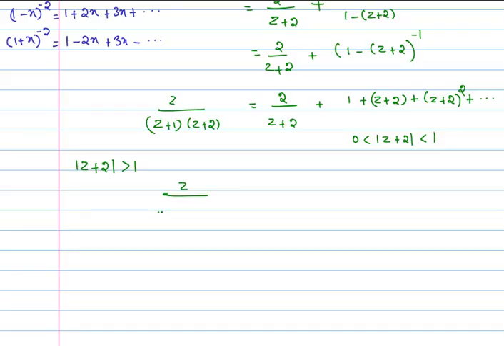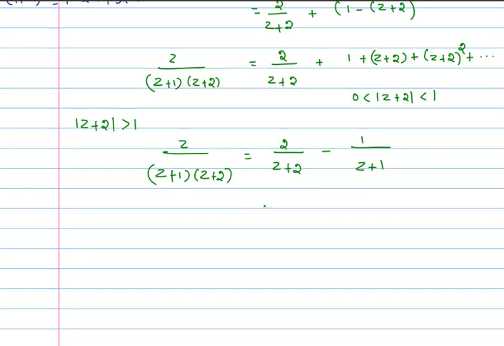So z divided by (z+1)(z+2), you write as 2 over (z+2), which you keep as it is, minus 1 over (z+1). This is our given. This is a negative power as it is, so we simply keep it as it is. But this one I want to pull out as z+2 minus 1.